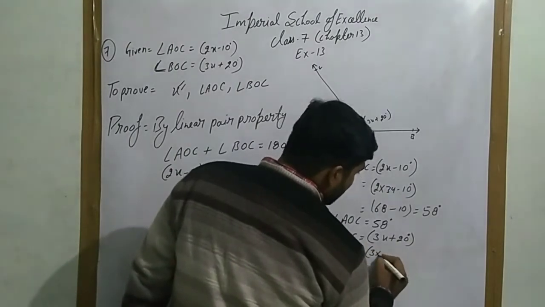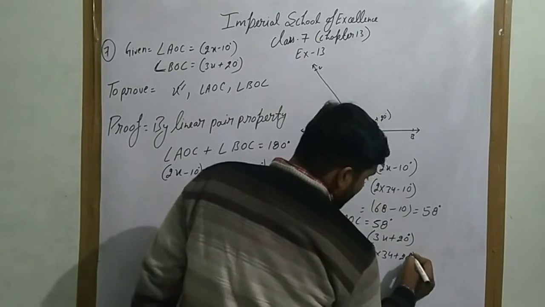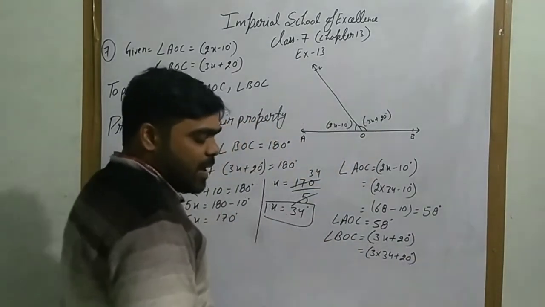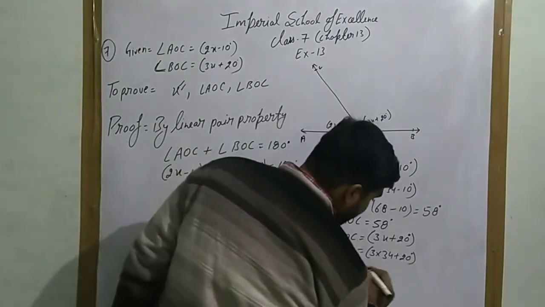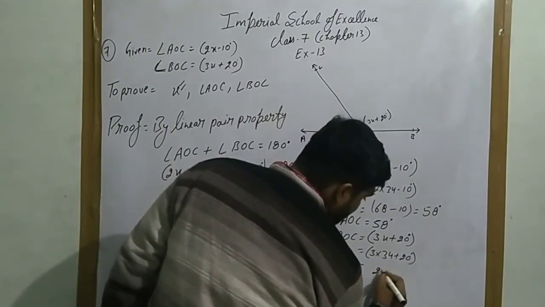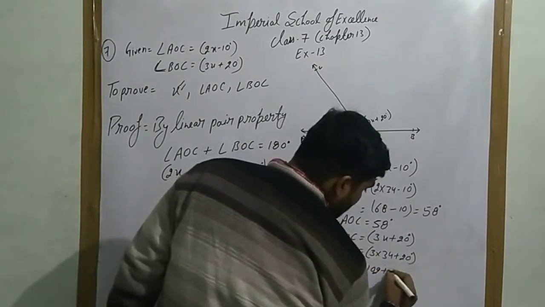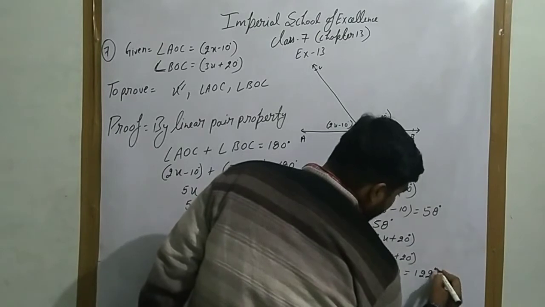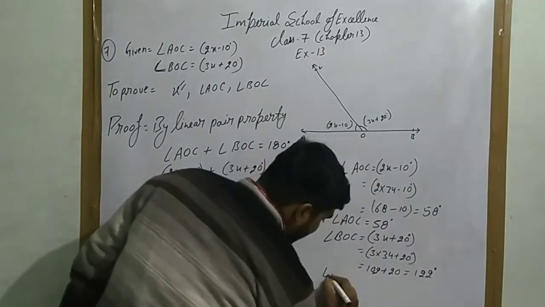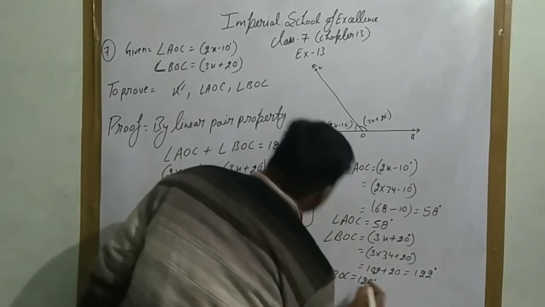Now 3 multiplied by 34 plus 20. When you solve this, 3 fours are 12, 2 carry 1, 3 threes are 9 and 1 is 10. 102 plus 20 will be 122 degree. So angle BOC will be 122 degree.